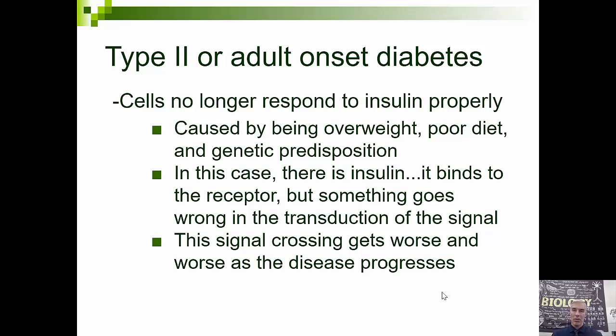But this is treatable in terms of weight loss, but also there's a lot of medications that help with this, including things like metformin and also the GLP-1 medications like Wegovy or Ozempic, which is kind of a buzz drug right now, and it's very effective at treating type 2 diabetes.